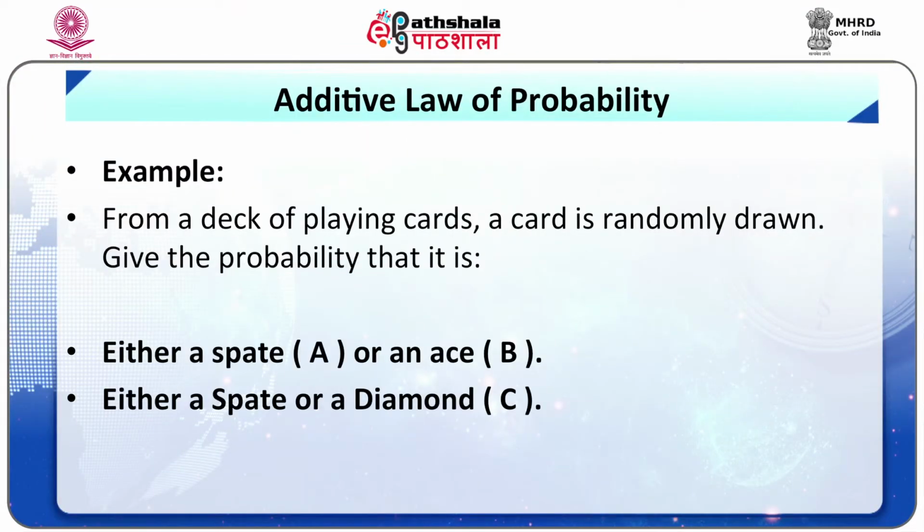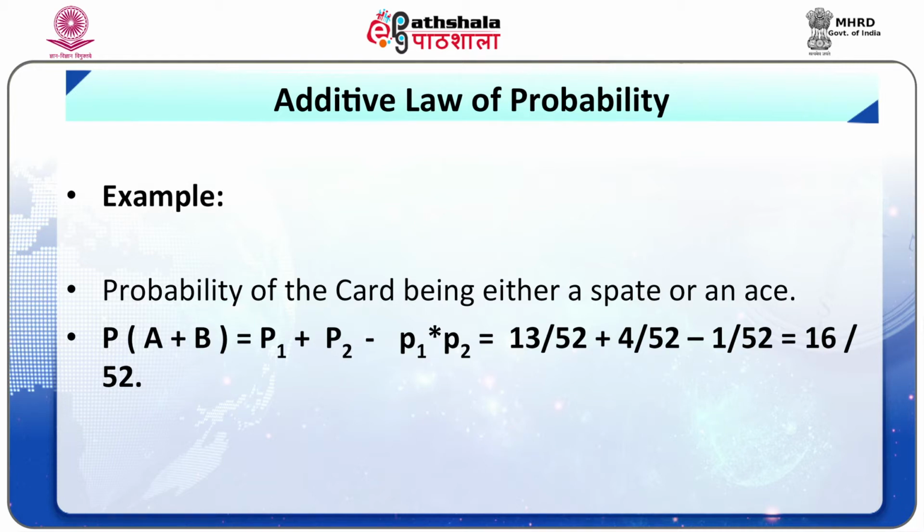Example: from a deck of playing cards, a card is randomly drawn. Give the probability that it is either a spade or an ace. B, either a spade or a diamond. Now, there are two kinds of joint probabilities given in the example above.